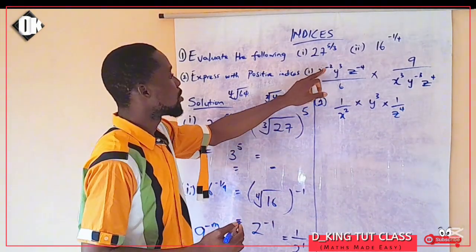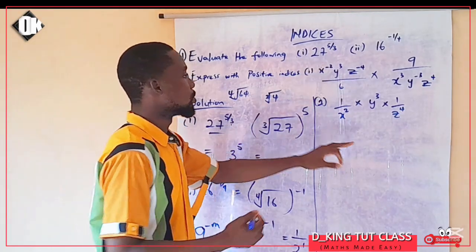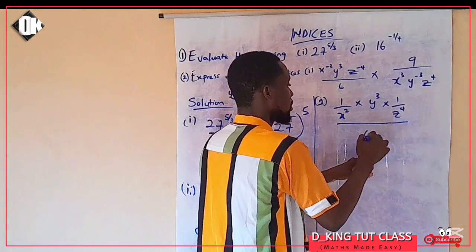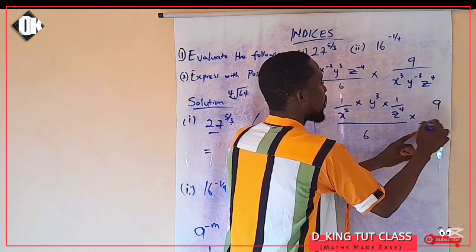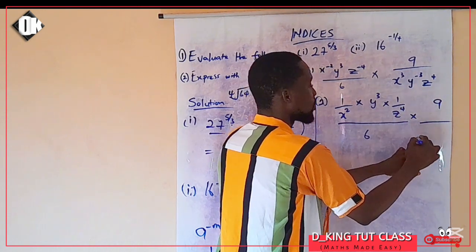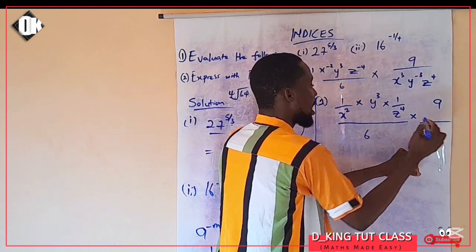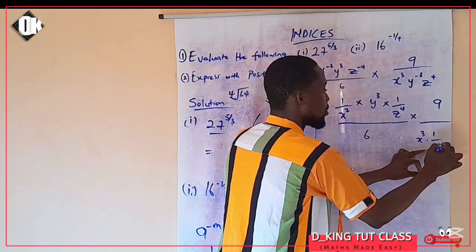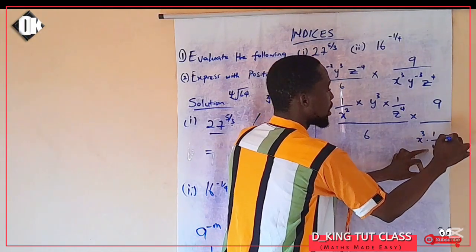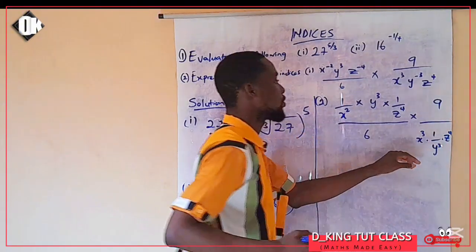I have a base with a negative power. So, all over 6, now, times 9 all over, this is x cubed, times 1 over y cubed times z raised to power 4.